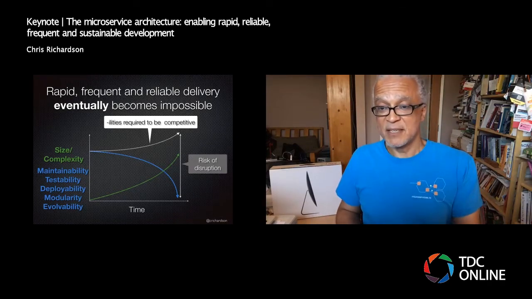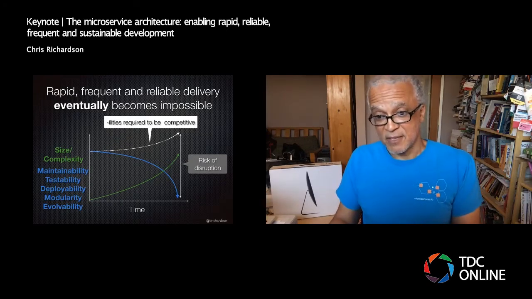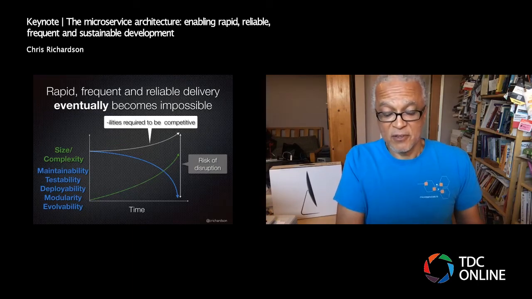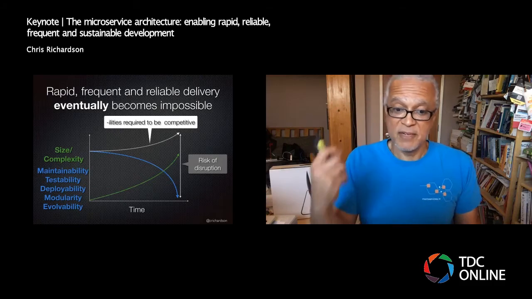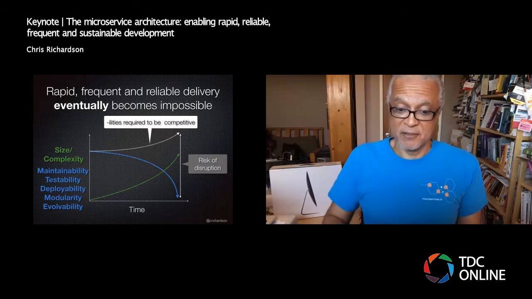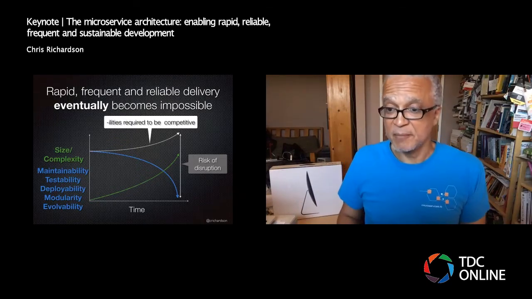So this gap between how fast you need to be delivering software and how fast you can actually deliver software can represent a threat to the business. You risk being disrupted by a fast-moving competitor or the world's events, right?